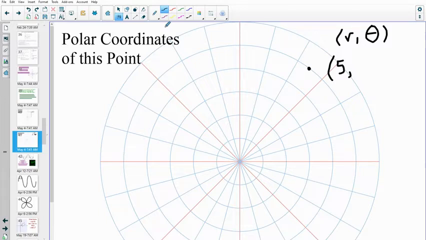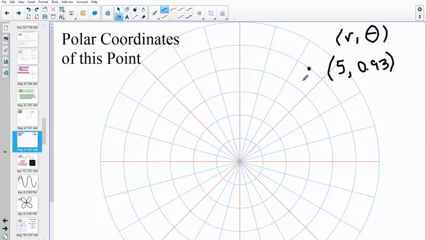I'm just doing a conversion over into radians. It's somewhere around 0.925 or 0.93, so this is an approximation. I'll put about 0.93 radians.